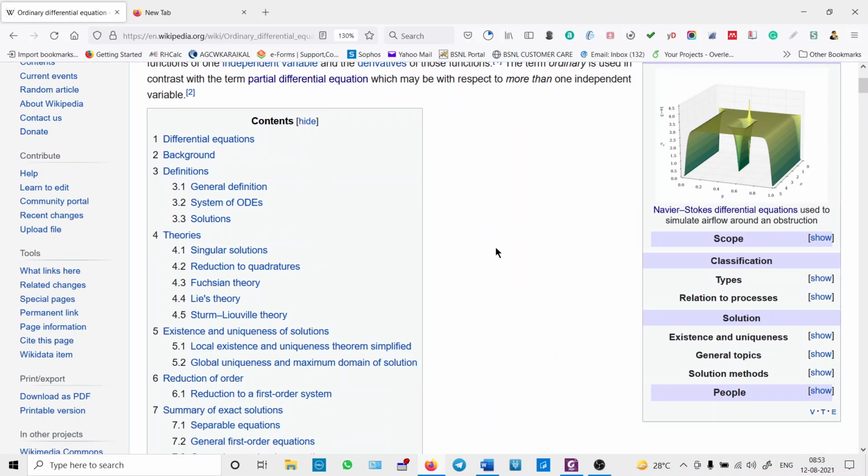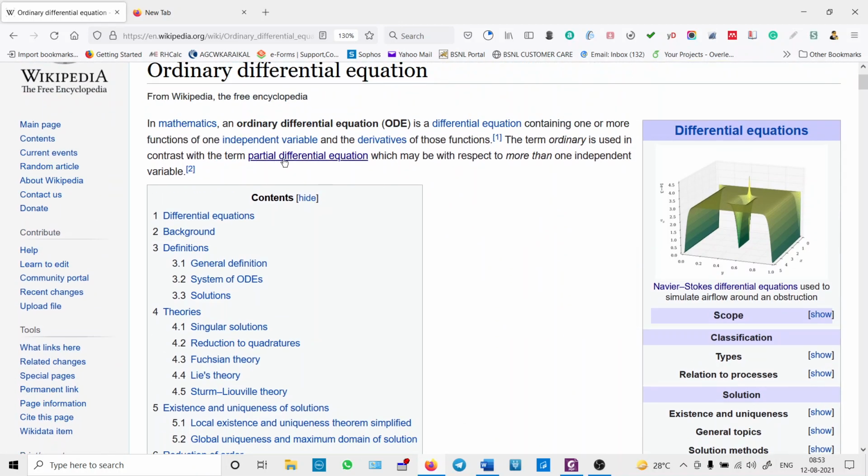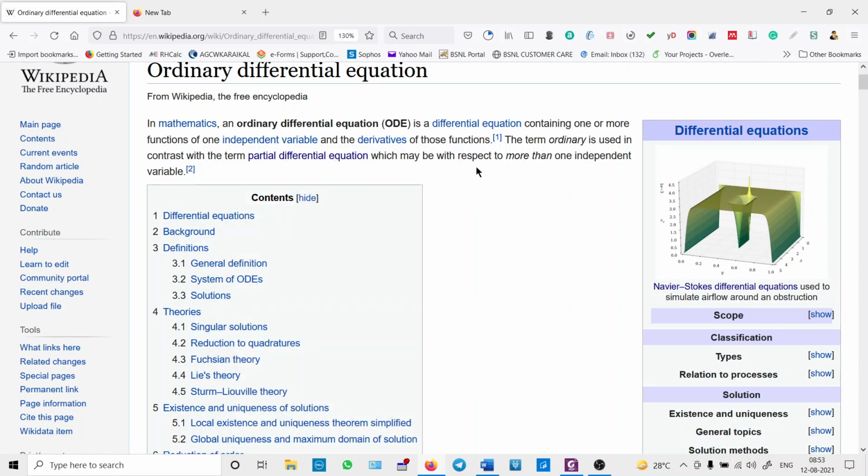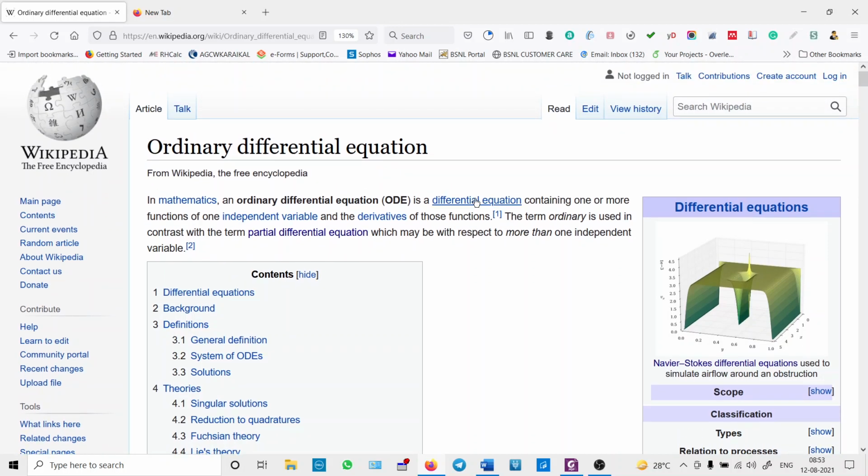The term ordinary is used in contrast with the term partial differential equations, which may be with respect to one or more independent variables. This partial differential equation we are going to study next semester, but here we are going to concentrate only on ordinary differential equations. There will be only one independent variable.